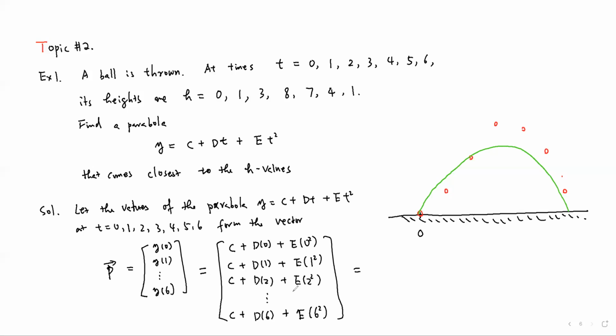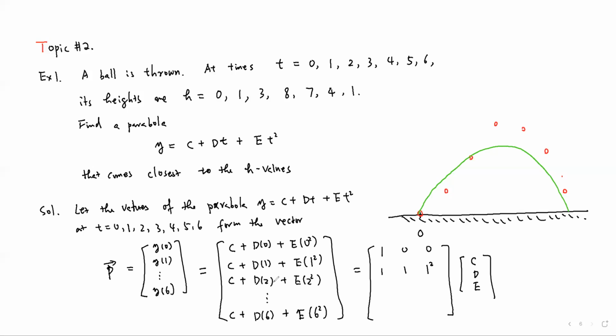I can write this vector as a matrix times a vector. It is 1, 0, 0 times this vector C, D, E. You see? 1, 0, 0 times C, D, E. How about the second entry? 1, 1, 1 squared times this vector is this.